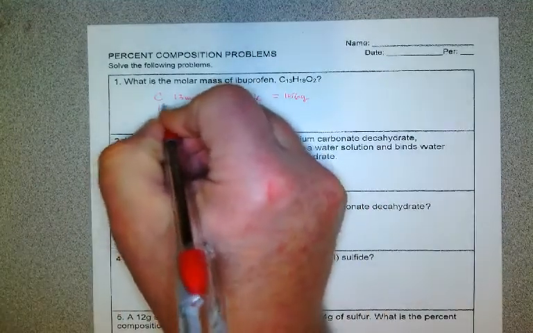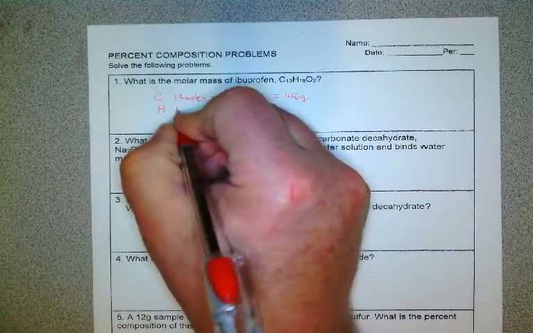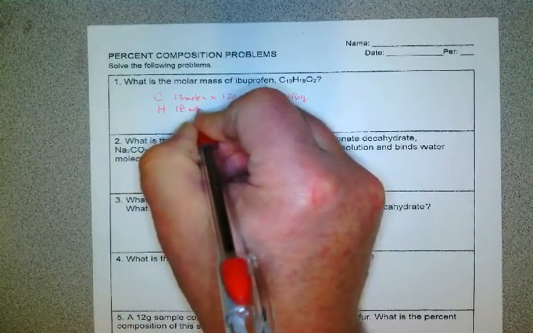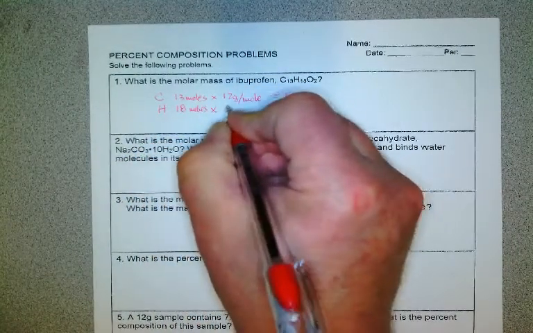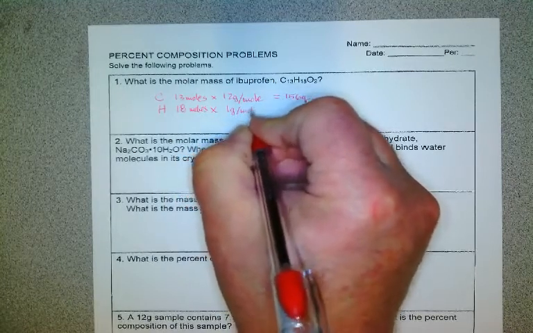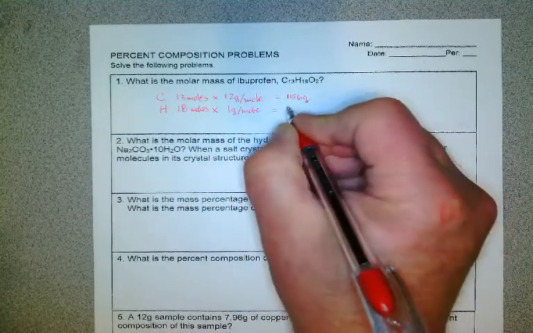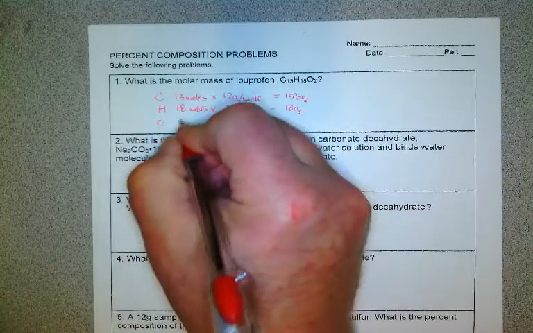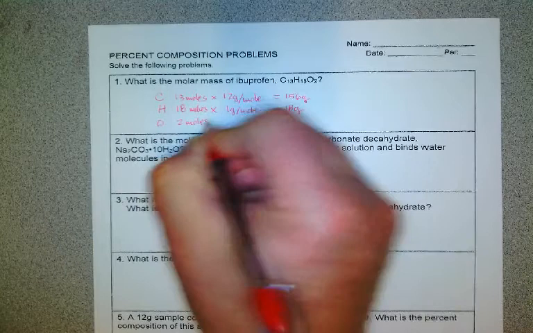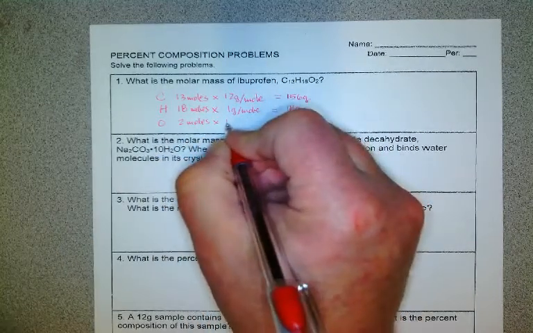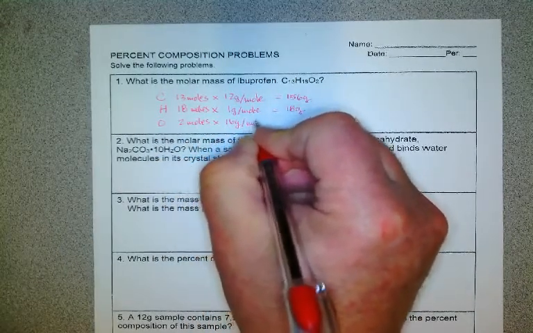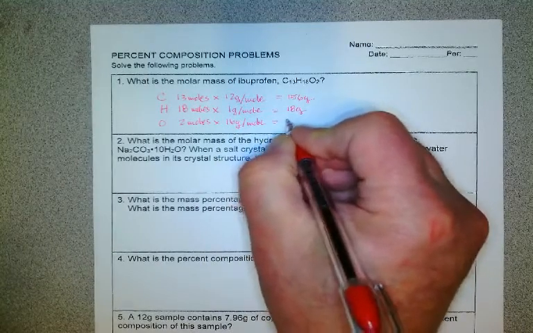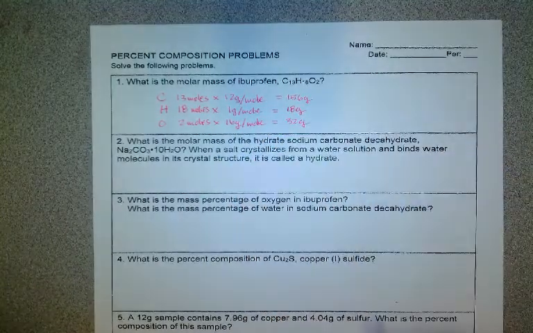Now we have hydrogen. We have 18 moles of hydrogen, and of course they're all at 1 gram per mole, and so we have 18 grams. And then for the oxygen, we have 2 moles times 16 grams per mole, and there we have 32 grams.